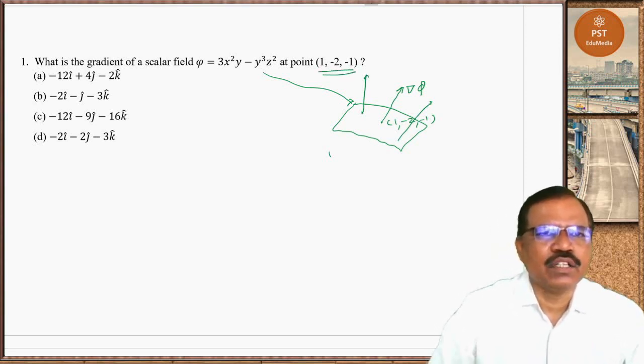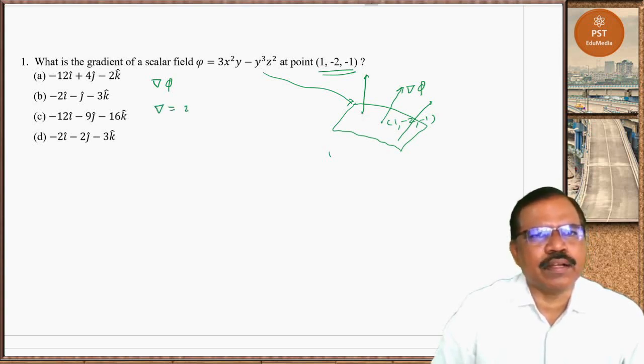So what is del phi? Del phi is the gradient of a scalar. Del is the differential operator, that is i del by del x plus j del by del y plus k del by del z.